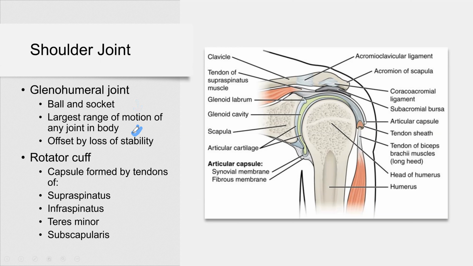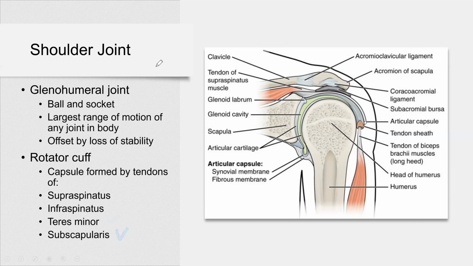This is how it works: the more movable the joint, the less stability. To keep this joint in place, we have a capsule, like any synovial joint. This capsule is formed by tendons of four muscles: supraspinatus, infraspinatus, teres minor, and subscapularis.